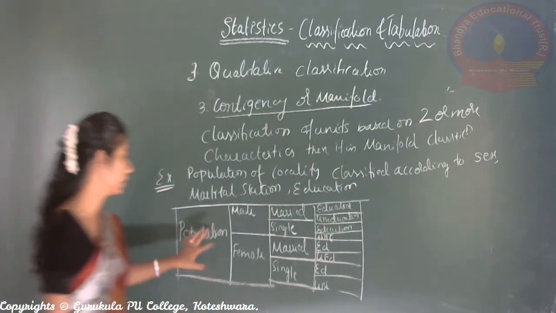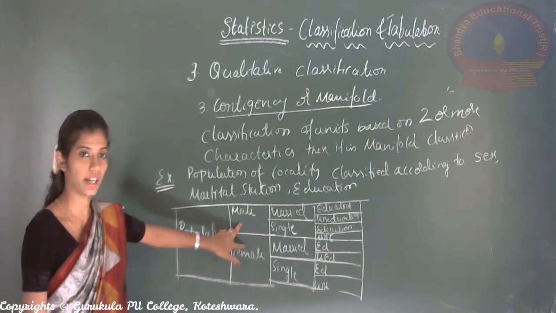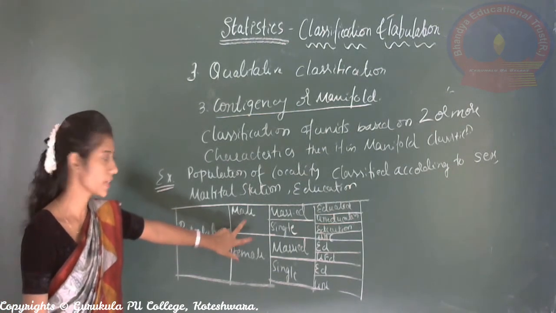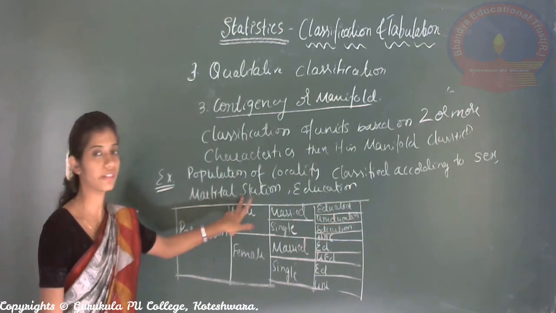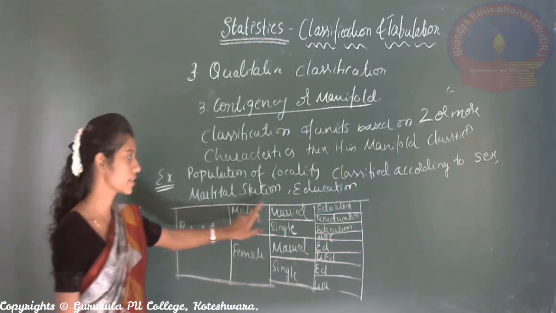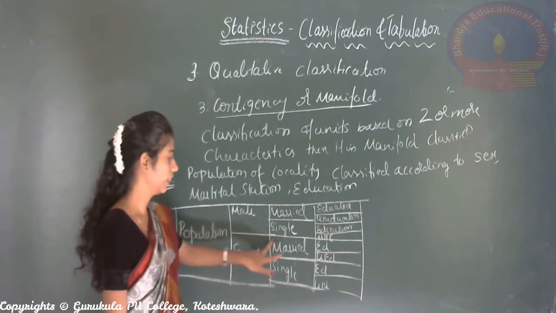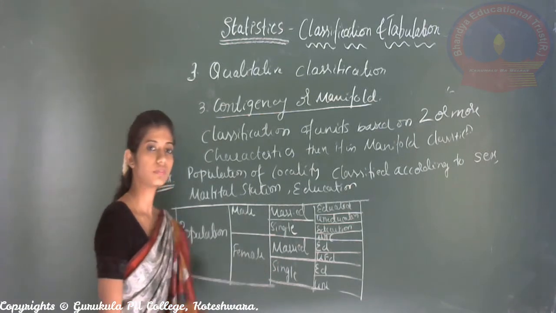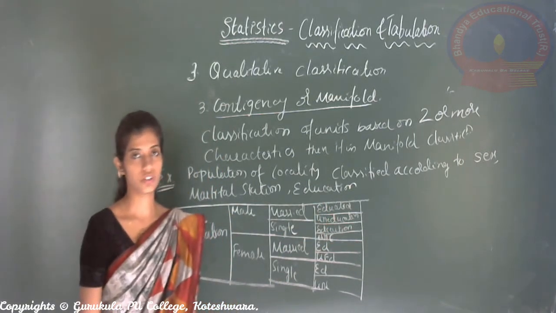This table includes so many pieces of information. What is that? First thing is the population. Under that I have divided into two subgroups according to sex, male and female, and then categorized according to marital status, how many are married and single. And the next thing is educated and uneducated.